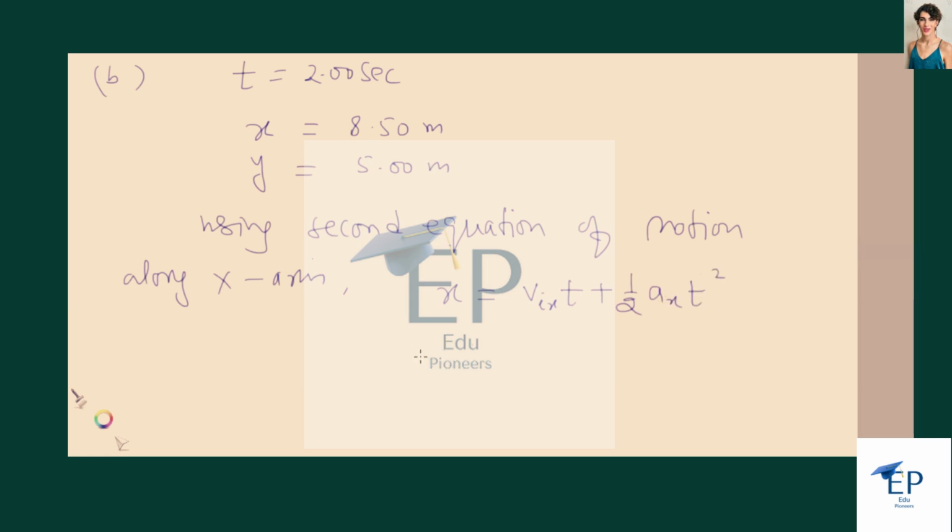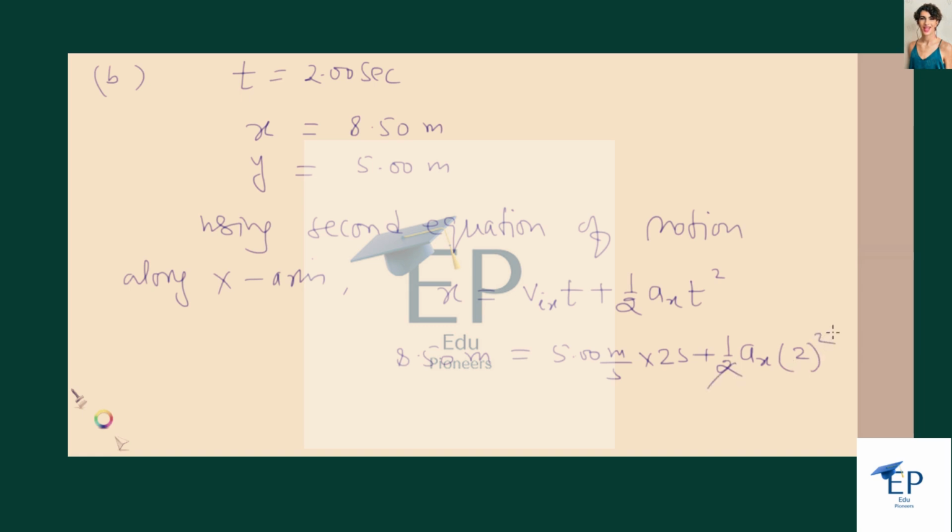As x here is 8.50 meter, Vix is 5.00 meter per second, and the time is 2 seconds, plus half ax, which is missing, and again the square of 2.